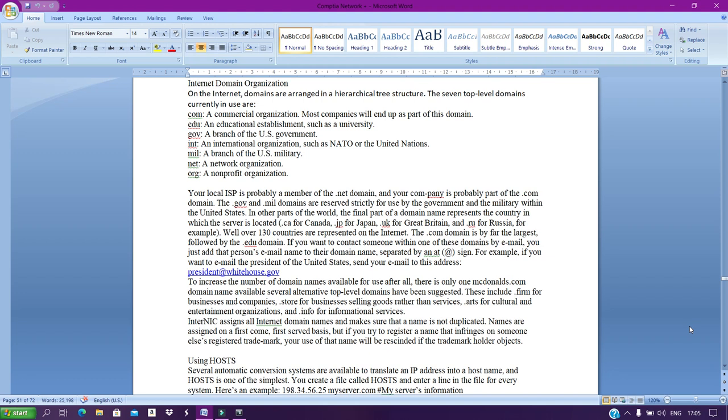Most companies will end up as part of this domain. .edu, an educational establishment such as a university. .gov, a branch of the US government. .int, an international organization such as NATO or the United Nations. .mil, a branch of the US military. .net, a network organization. .org, a non-profit organization.